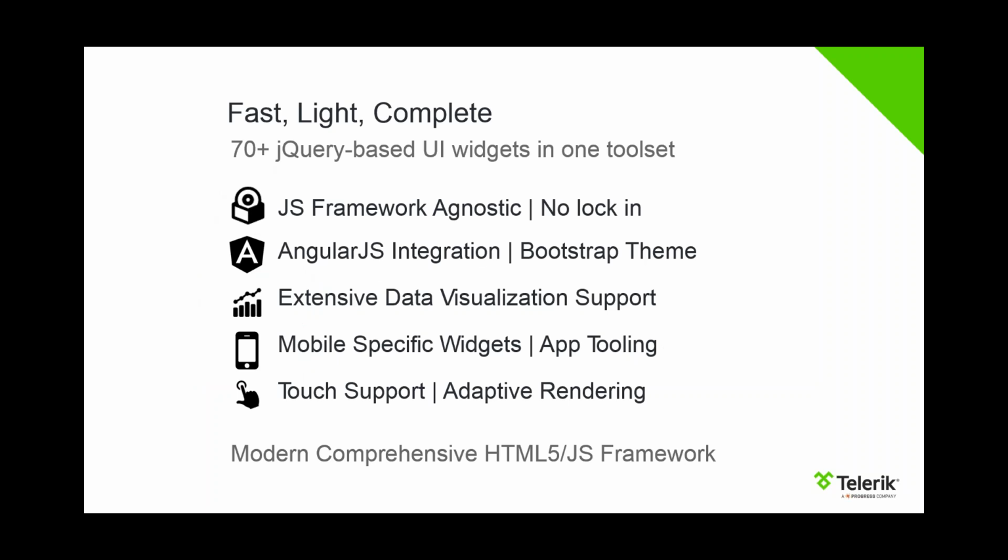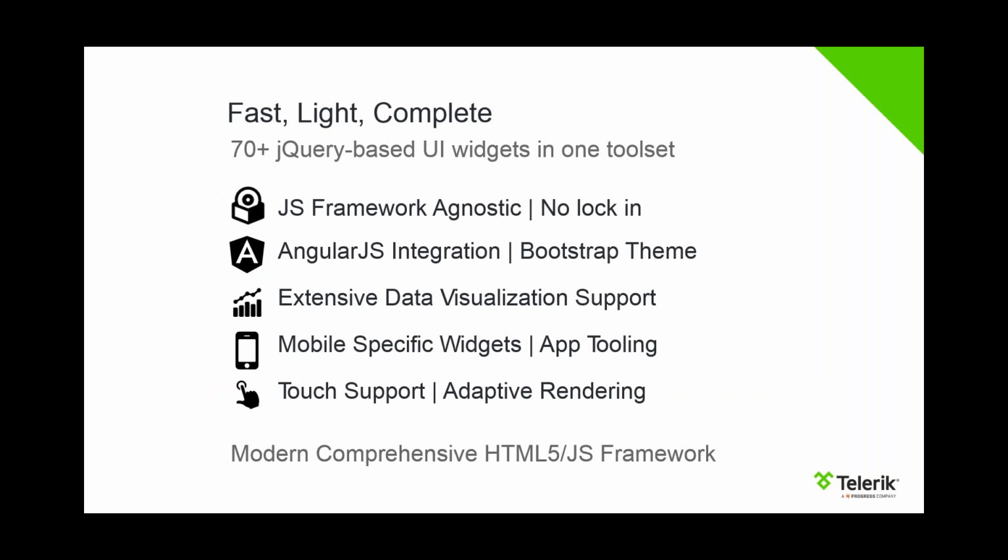So what is Kendo UI? It's a fast, light, complete set of 70 plus jQuery based UI widgets in one toolset. Kendo UI is like a framework which provides you a lot of stuff. It is JavaScript framework agnostic, meaning we work with pretty much whatever you can think of. We work with Angular, Knockout, Backbone, I believe.